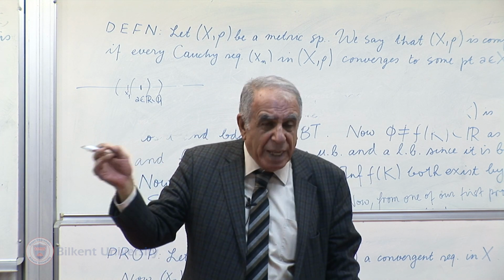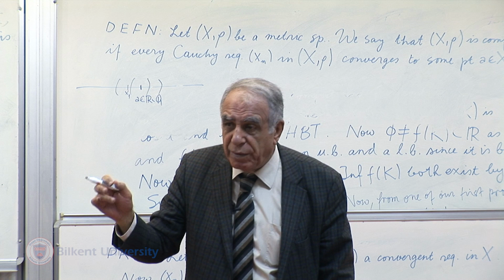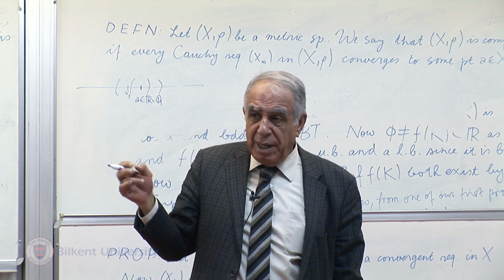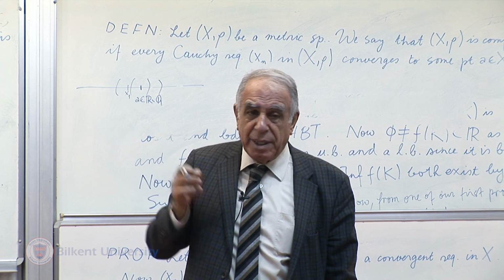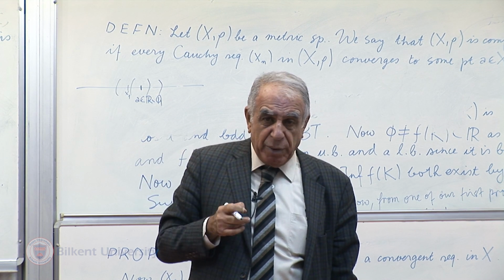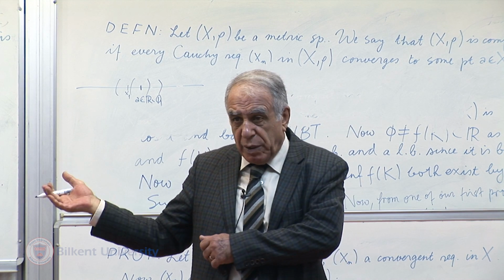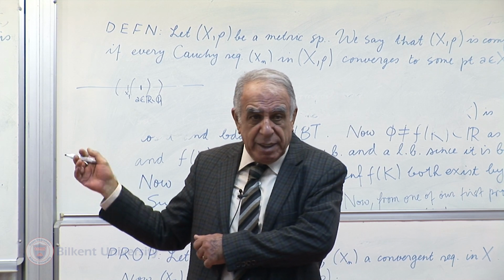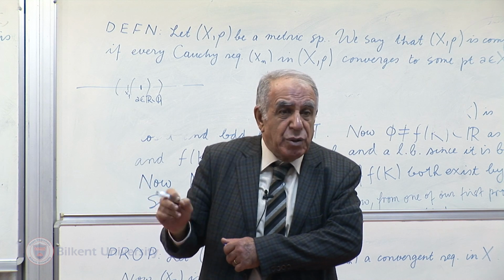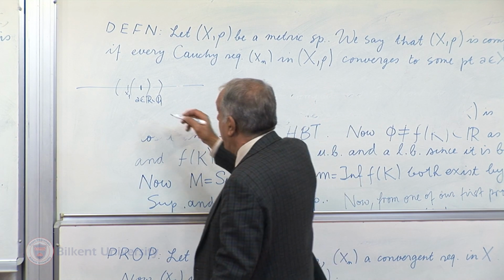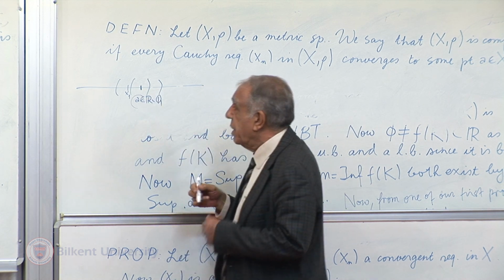Well, for each n, take the 1/n ball about this irrational number. Pick any rational number from that 1/n ball, but that x_n will be in Q, but you can easily see that it will not converge to any rational point because we have taken this to be irrational.